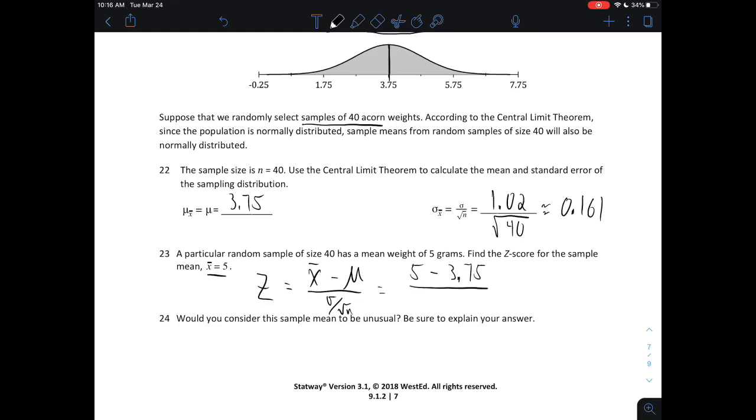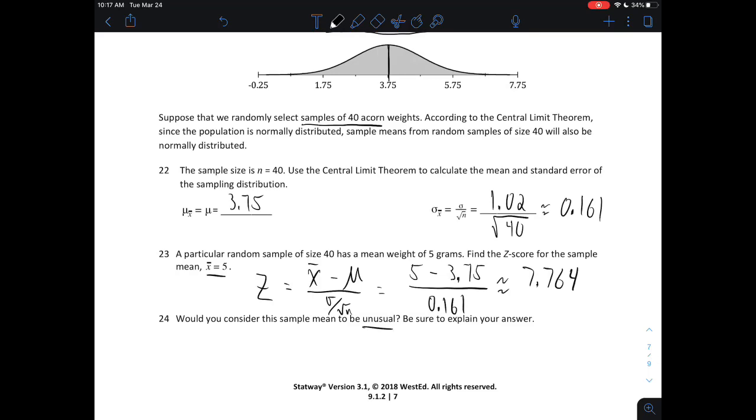And then divided by our standard deviation, which we just found, 0.161. So first 5 minus 3.75, and then we're going to divide that by 0.161. And we get approximately, again, rounding to 3 decimal places if we want, 7.764.